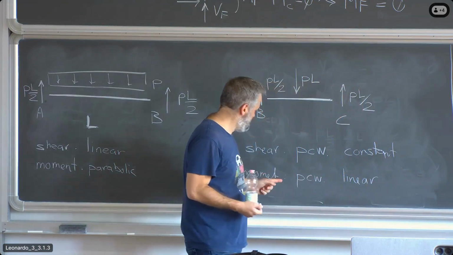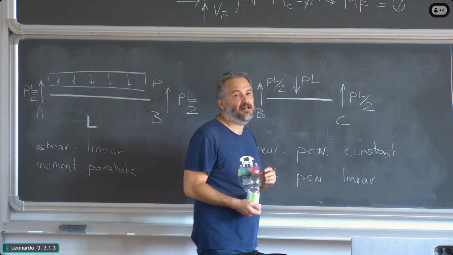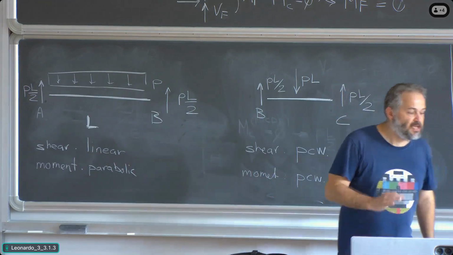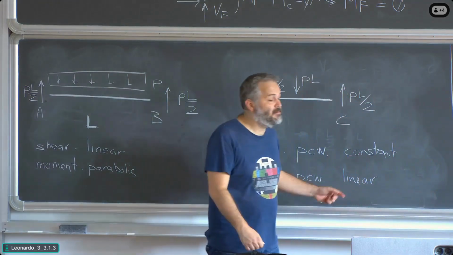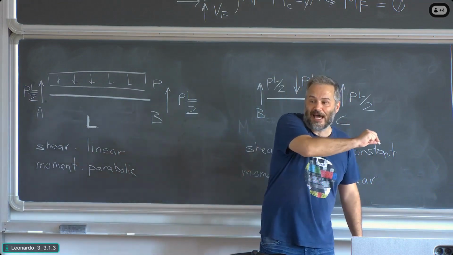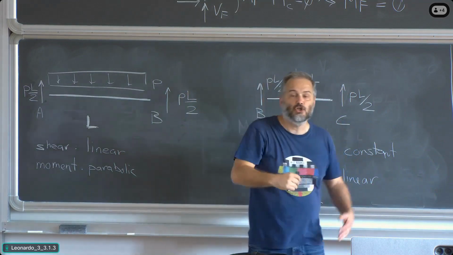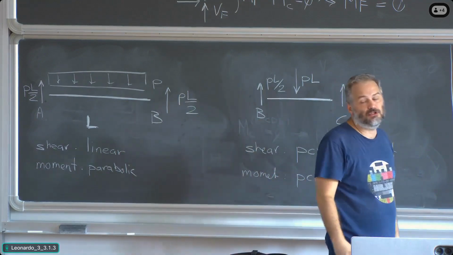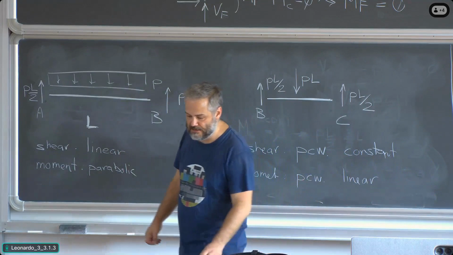E invece, at the moment, piecewise linear, in Italian, lineare a tratti. Which means, for the bending moment, for example, not one straight line from the beginning to the end, but two straight lines with a discontinuity in slope where the concentrated load is applied. Okay?